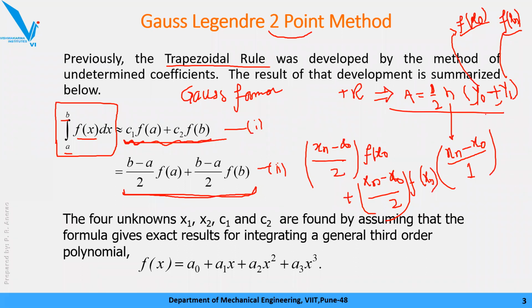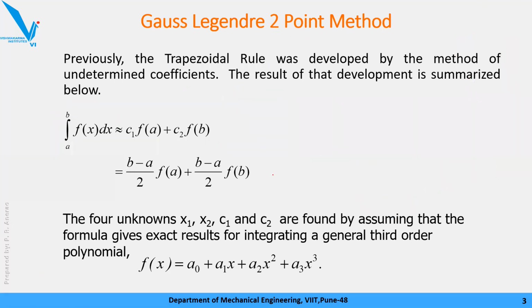This is the simplified, modified version, and here the integration limits are a and b, so instead of xn they have used b, and instead of x0 they have used a. So it's the same equation which we saw in the trapezoidal rule, and this other equation is of a Gauss formula.